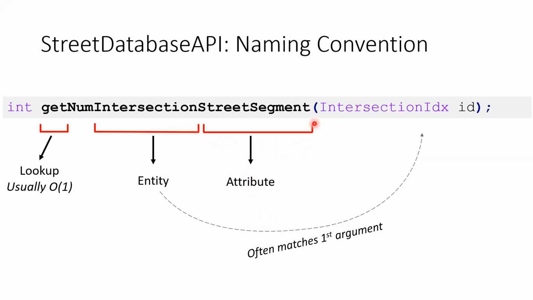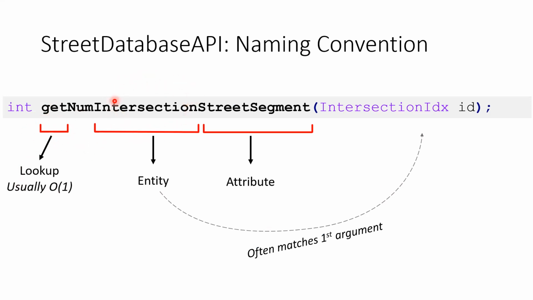So the naming convention of all of the functions in the Street Database API will first start with something like a get. A get means that you are getting something from it, and this is usually an O(1) complexity operation. So you're getting something from the library.